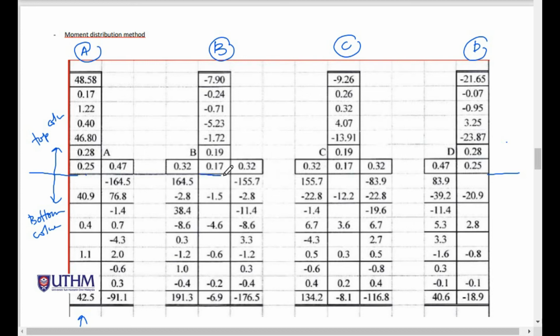So this is the boundary. Top column, lower column, upper column. And then here is the beam. This column represents beam.